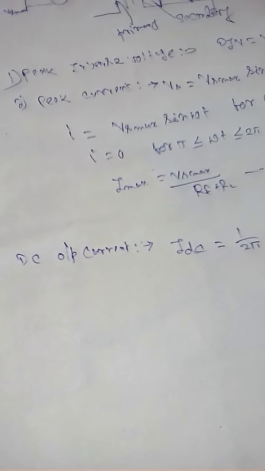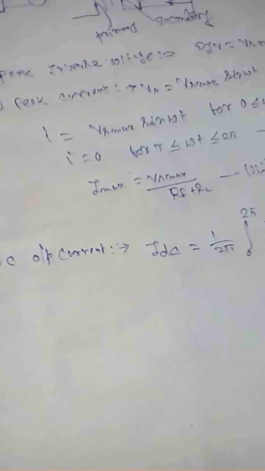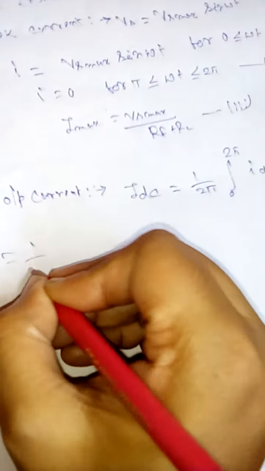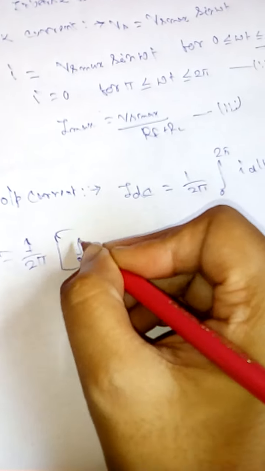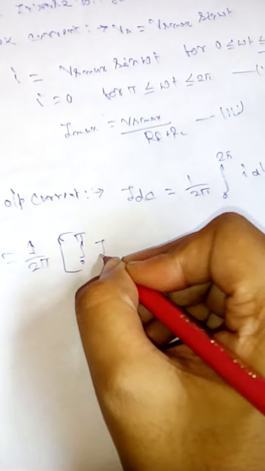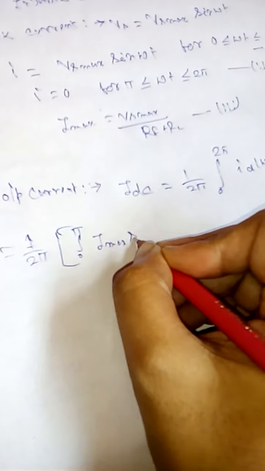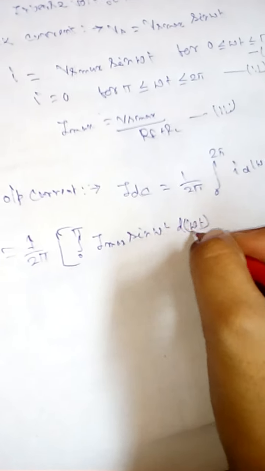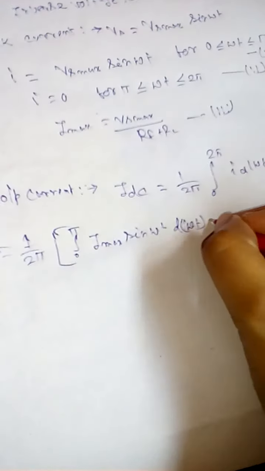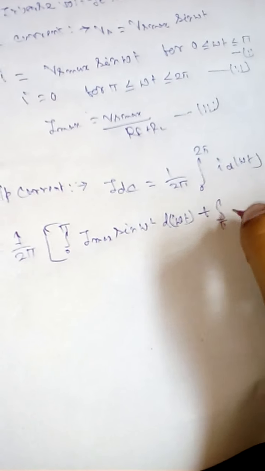If we take the value, we get 1 by 2 pi times the integral from 0 to pi of I max sin omega t d omega t, plus the integral from pi to 2 pi of 0 d omega t.